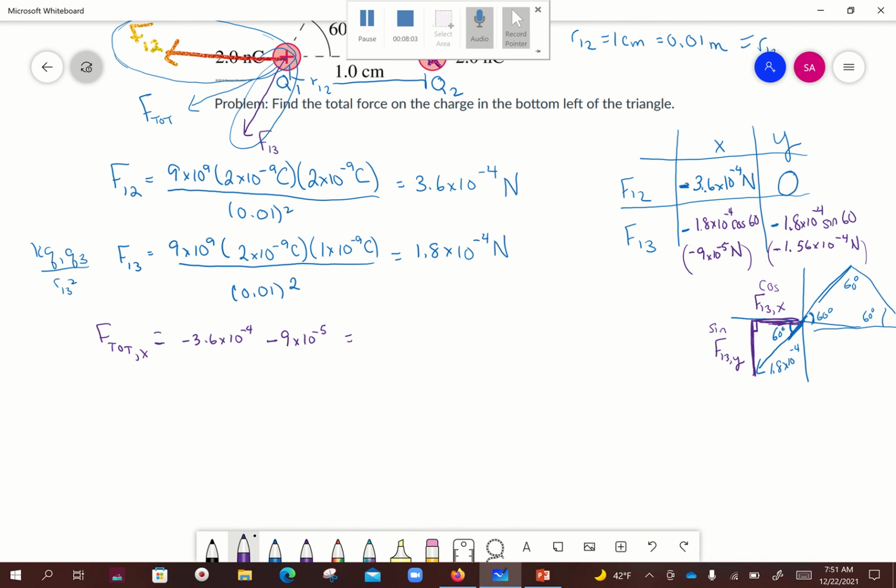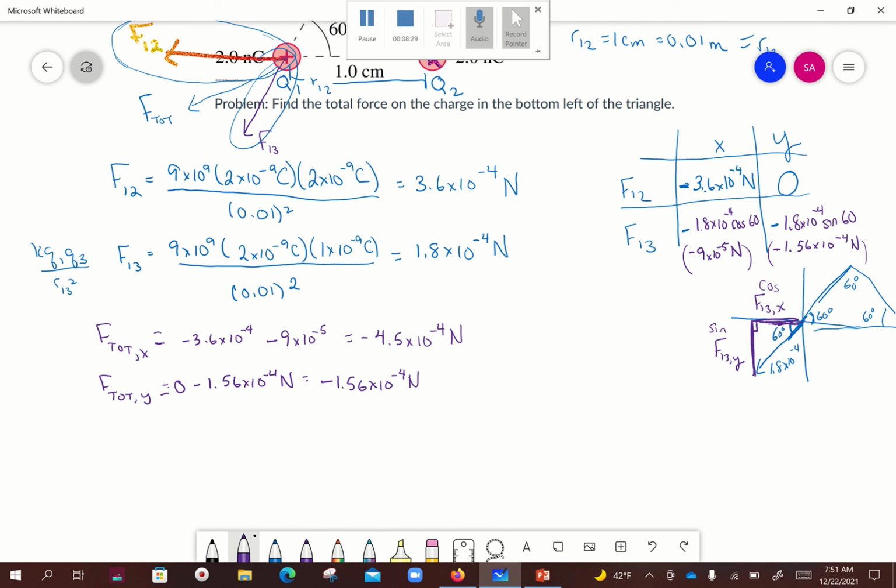And so I get minus 4.5 times 10 to the minus 4 newtons. In the y direction, I'm going to add up down my y column, so I got 0 minus 1.56 times 10 to the minus 4 newtons. So that's just minus 1.56 times 10 to the minus 4 newtons.